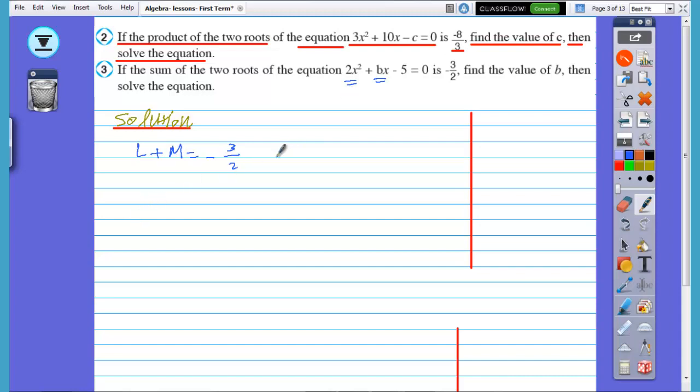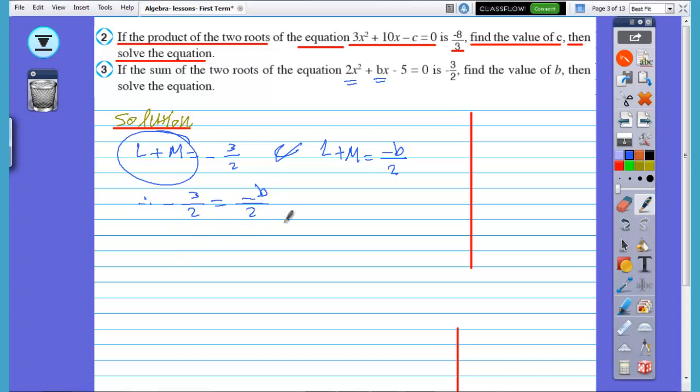So we can write L plus M equals negative b over the coefficient of x squared, which equals 2. So L plus M equals negative 3 over 2, and L plus M equals negative b over 2. So we can deduce that negative 3 over 2 equals negative b over 2.